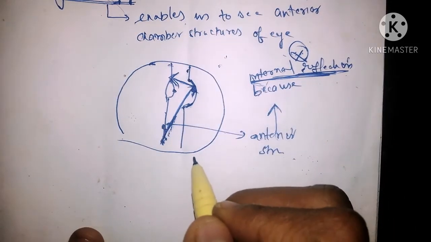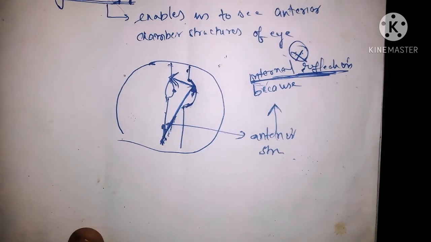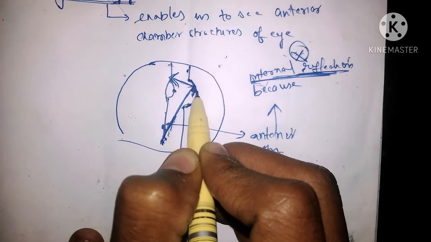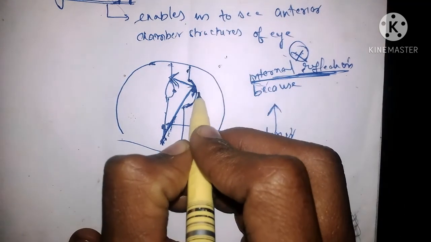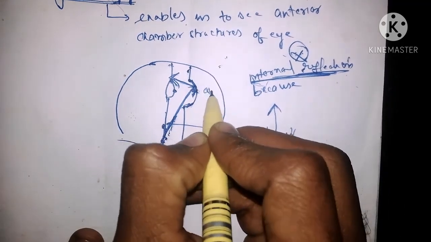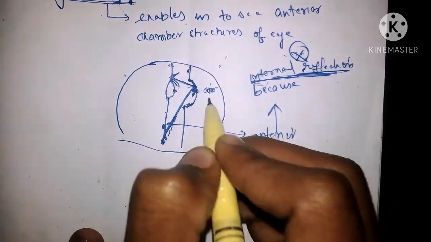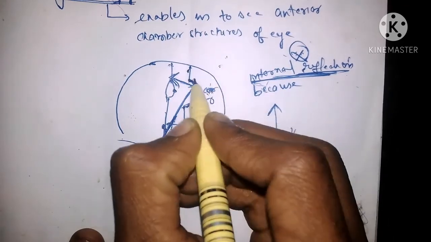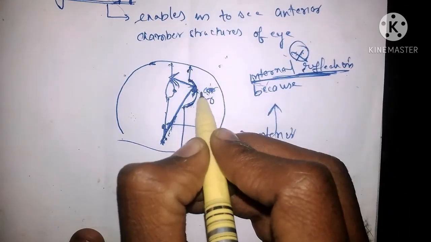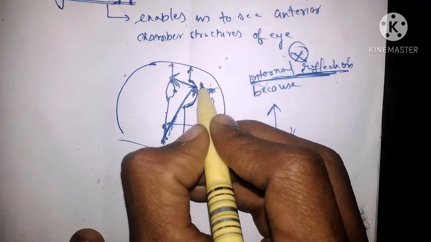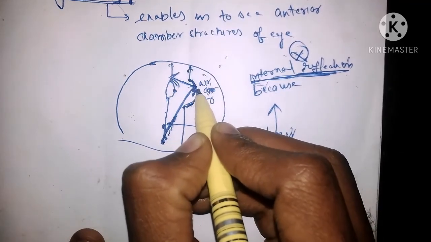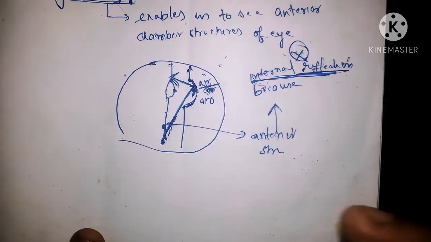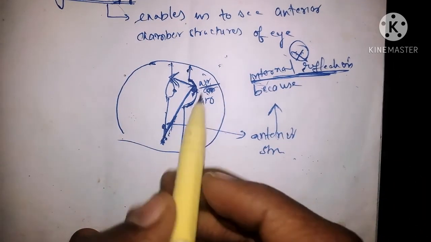This can be changed by changing the interface of cornea and air. Okay, this is cornea. Clear? We have to change the medium here. We have to change the air-cornea interface so that this angle of incidence will change.